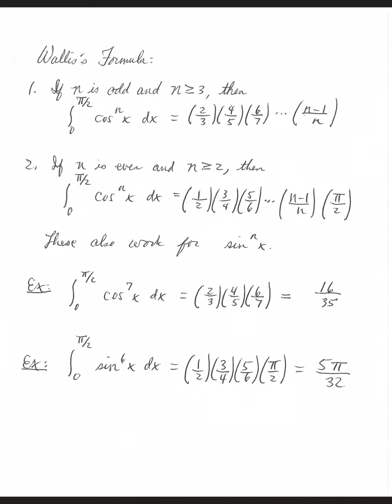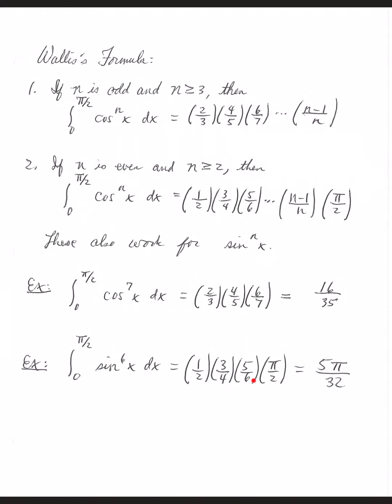Again, these top two properties work whether you have sine or cosine. So the integral from 0 to pi over 2 of sine to the 6th, which is even, that's property 2. We start with 1/2 and we build up until we reach that bottom number matching our power. So we're going to go 1/2 times 3/4 times 5/6.